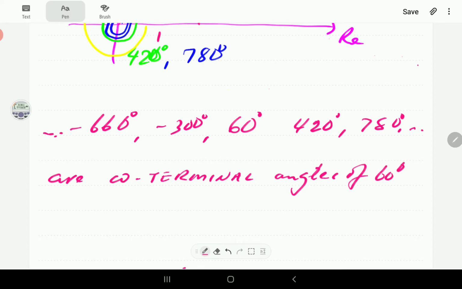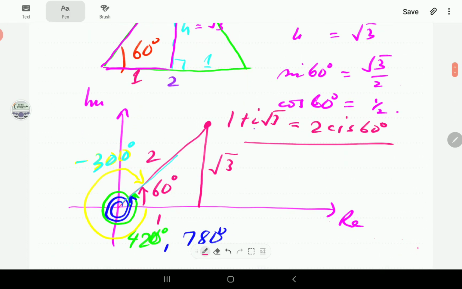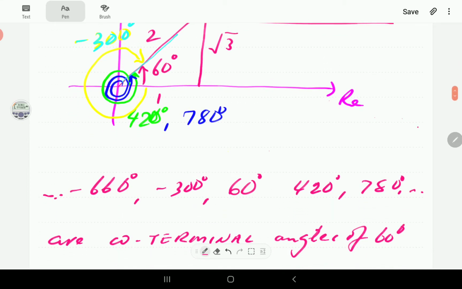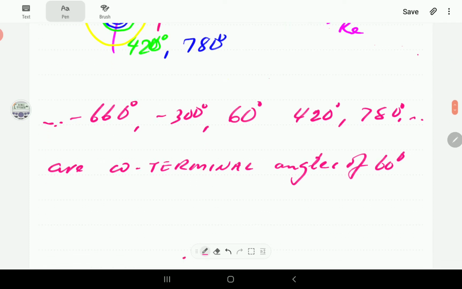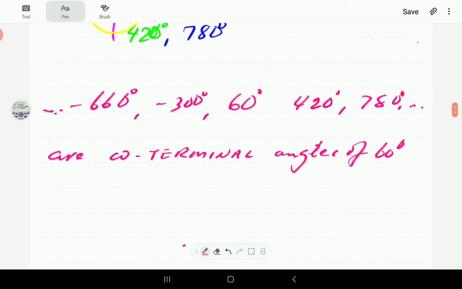Now, we just said sine 60 is root 3 on 2, cosine 60 is 1/2. The sine and cosine of each and every one of these is going to be the same as that of 60, which means the cosine of 420 is 1/2, cosine of 780 is 1/2, cosine of negative 300 is 1/2. So they all have the same trigonometric ratios.